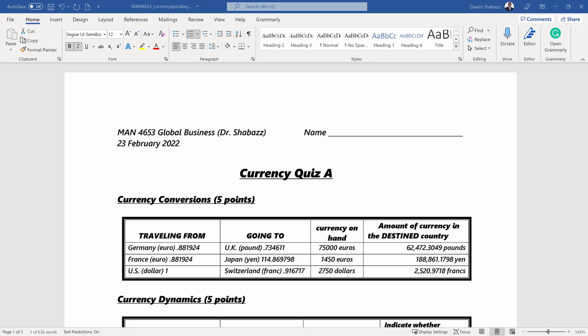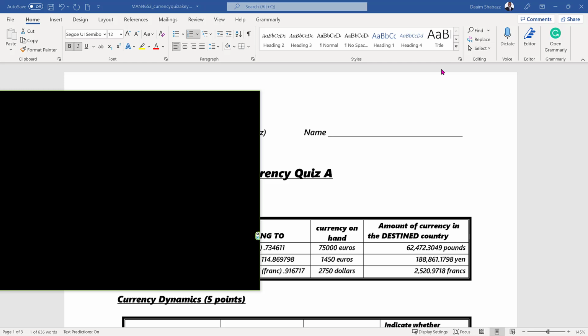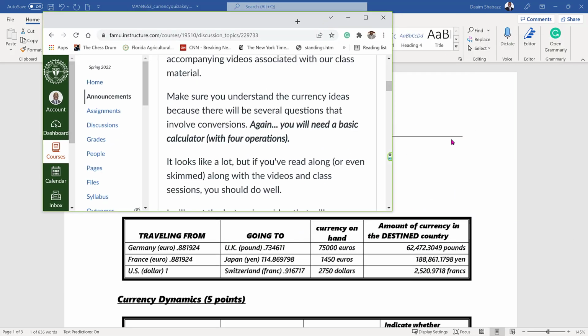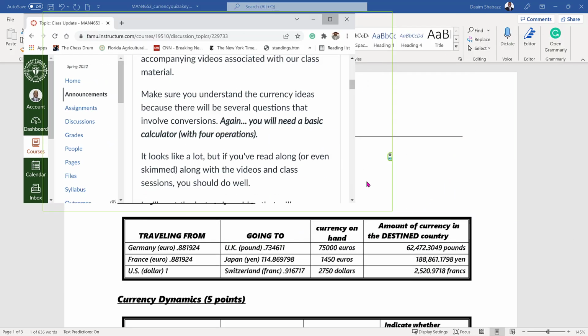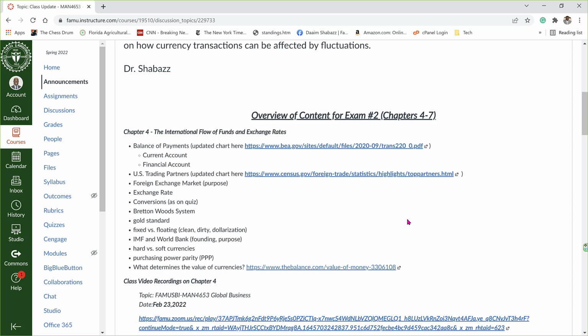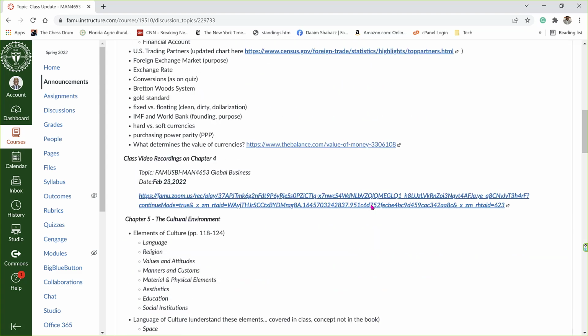So if you go to Canvas, you will find this post. And you will also need to familiarize yourself with the information for chapter 4. It's not just calculating, you will also need to know some of this information.